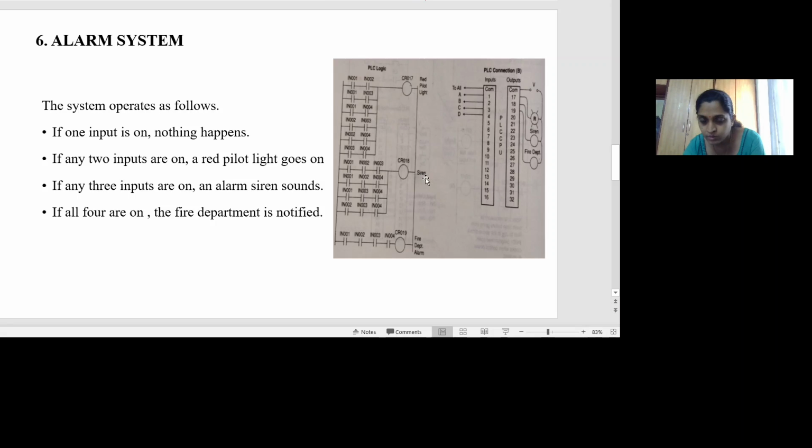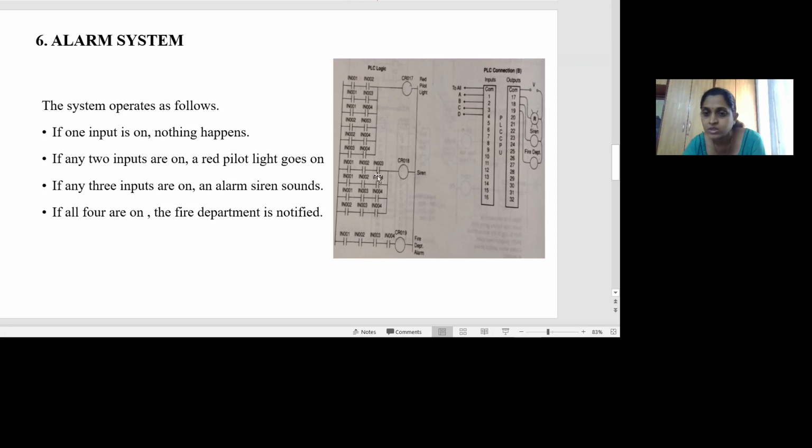So this alarm siren will work when inputs 1 2 3 are on, or it will work when inputs 1 2 4 are on. Your siren will produce a sound when 1 3 4, all the three, are on. Your siren will produce a sound when all three of the 2 3 4 inputs are on.